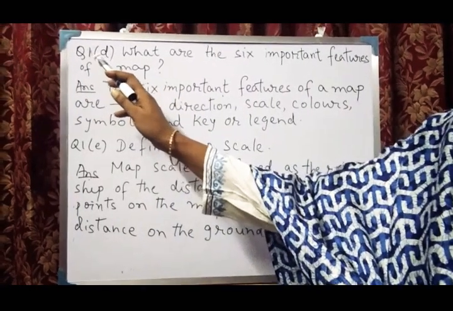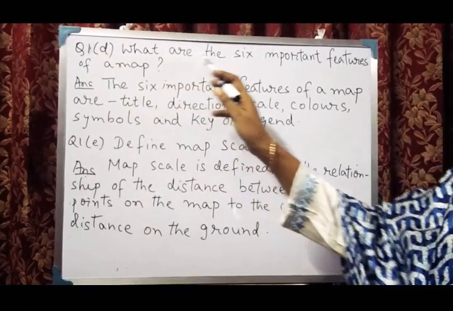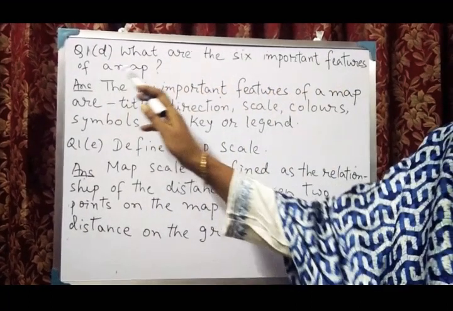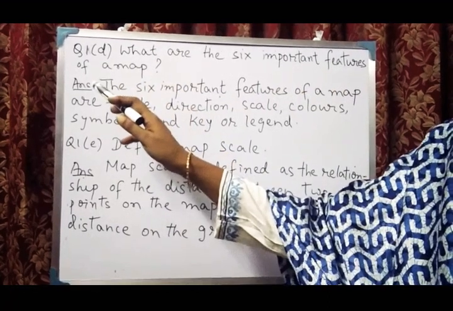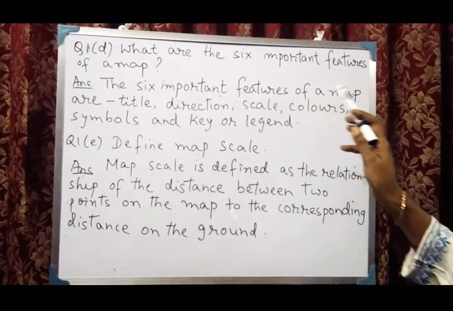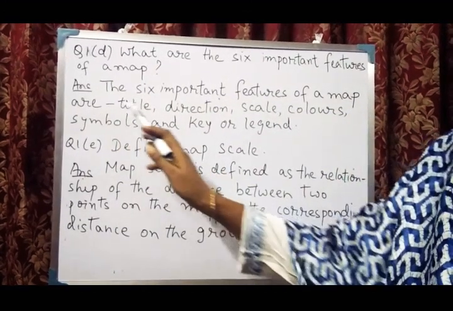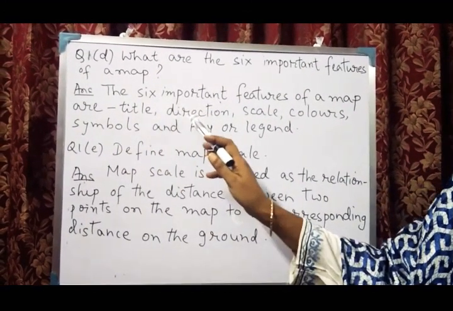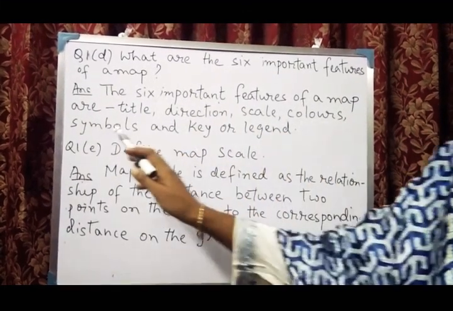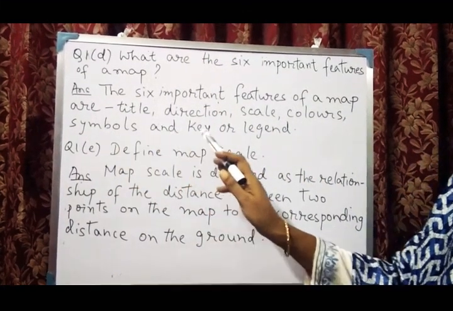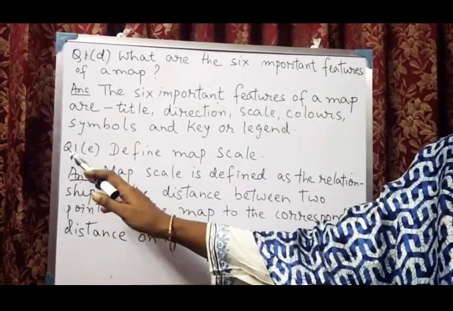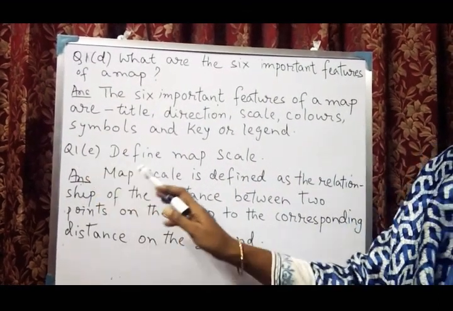Question number 1D. What are the 6 important features of a map? Answer will be, the 6 important features of a map are title, direction, scale, colors, symbols, and key or legend. Question number 1E.